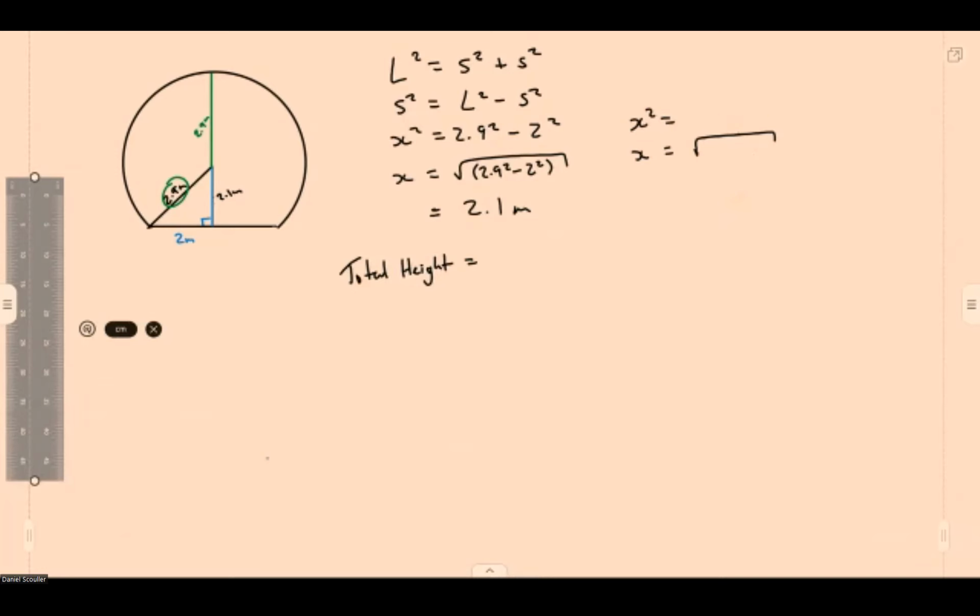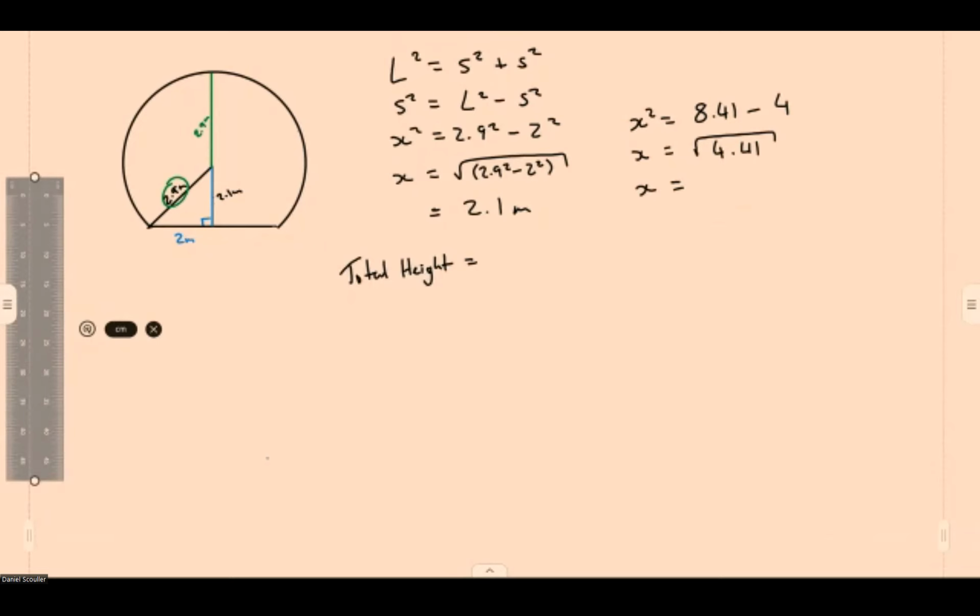Yeah, I've added them together now. 2.9 squared is 8.41 minus 4, so 4.41. What did I say? 2.1. What have I done there?